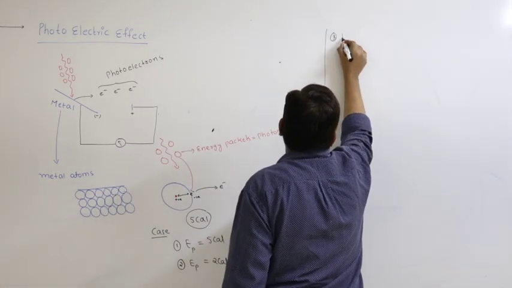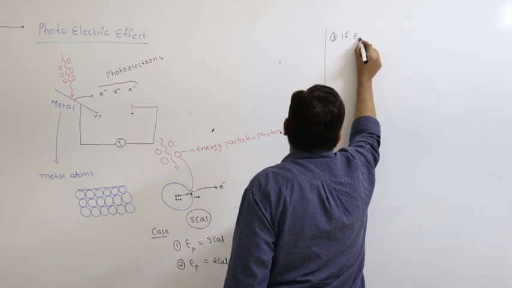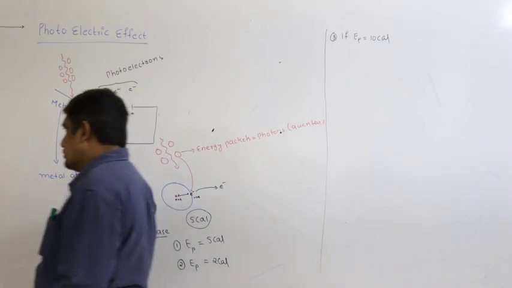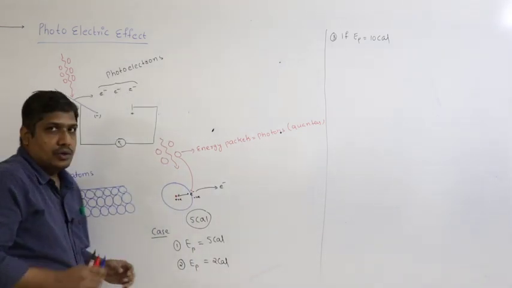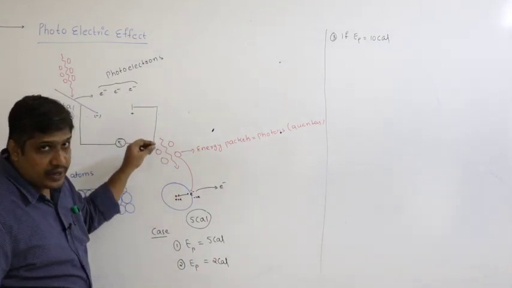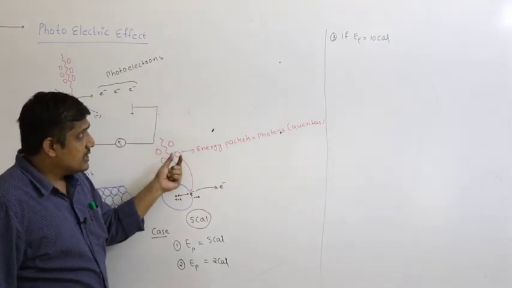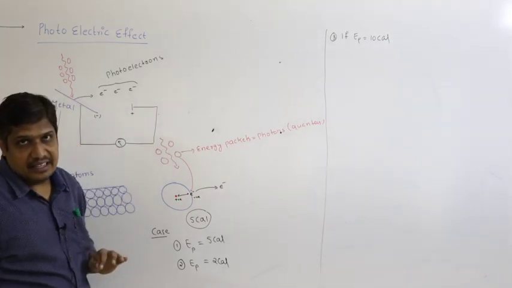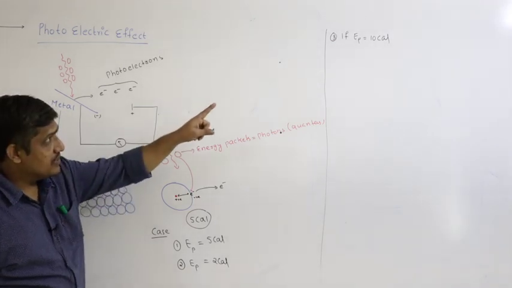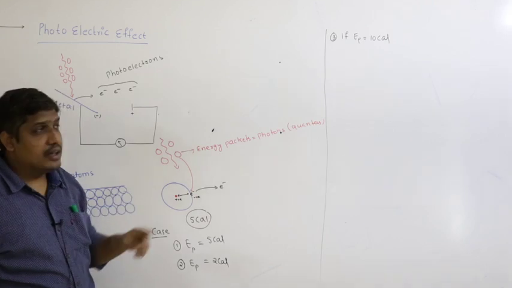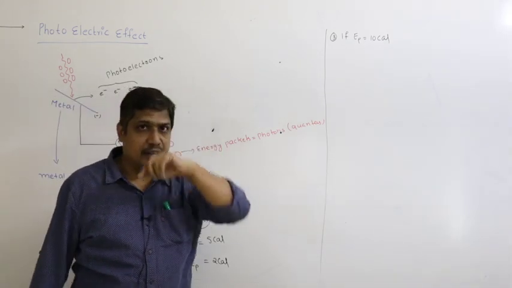Case 3. Suppose the energy associated with the photon is 10 calories. So what we are doing? We are allowing the light radiation to fall on the metal. The energy associated with each photon is 10 calories. Now, the electron absorbs the photon, gains how much energy? 10 calories.